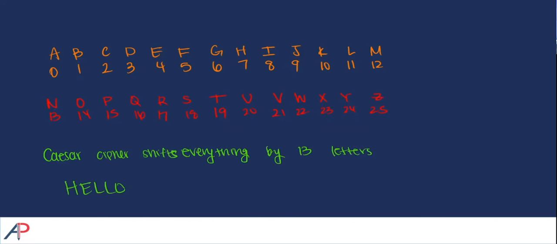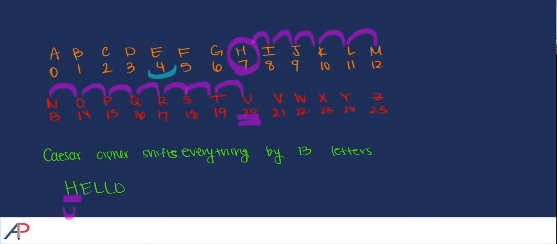Actually, let's get rid of the exclamation mark. When we take a look at the H here, H is 7. We shift everything by 13. So 1, 2, 3, 4, 5, 6, 7, 8, 9, 10, 11, 12, 13. Now it is U.